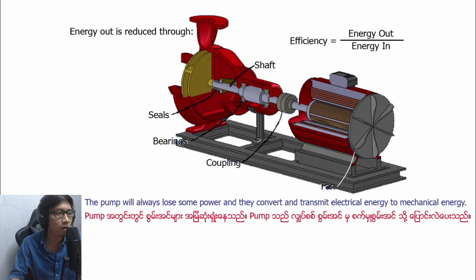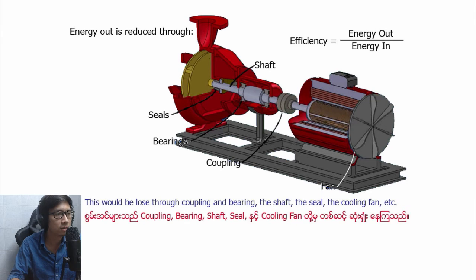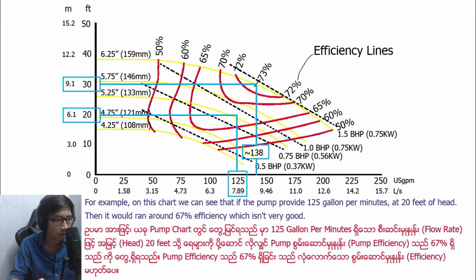The pump will always lose some power as it converts and transmits electrical energy to mechanical energy. This would be lost through the coupling and bearings, the shaft, the seal, the cooling fan, etc. For example, on this chart, we can see that if the pump provides 125 gallons per minute at 20 feet of head, then it would run at around 67% efficiency, which isn't very good.